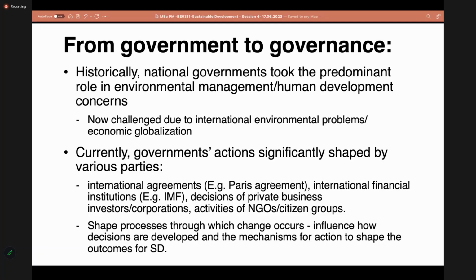Not just environmental problems, even human development concerns. But now, with these international environmental problems, problems that are affecting several countries on a global scale, and globalization, the dependence of our economies on how other countries are doing.